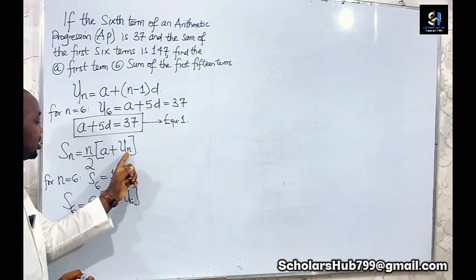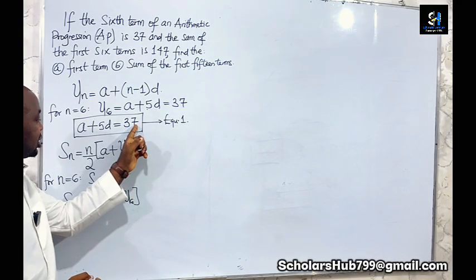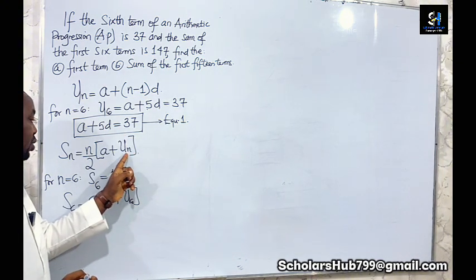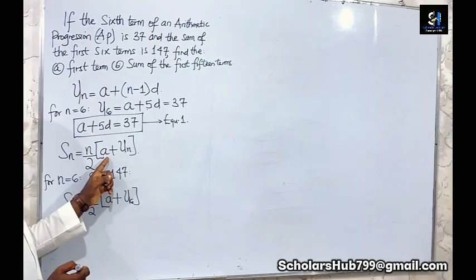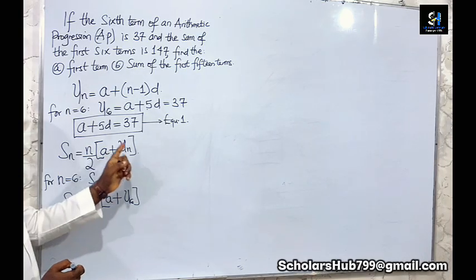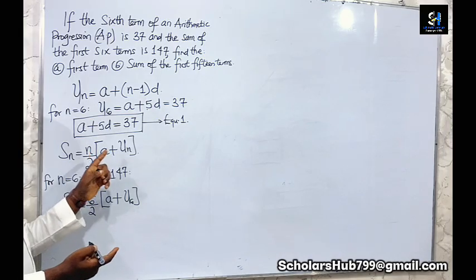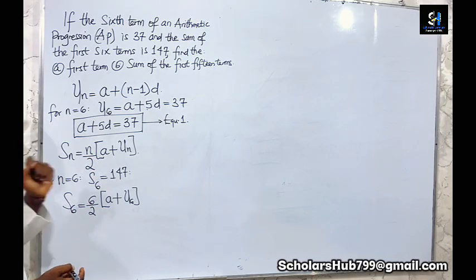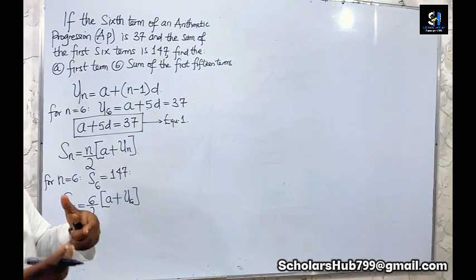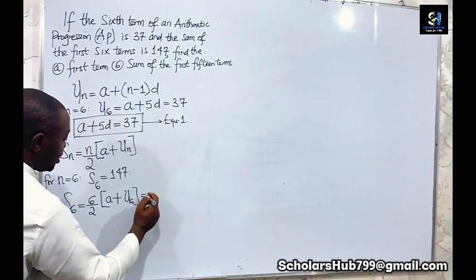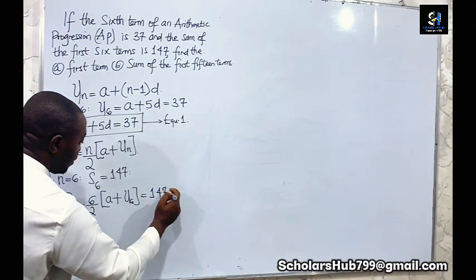So the sixth term, which is 37, is added to the first term, then multiplied by the number of terms, that's 6, then all over 2, and that equals the sum of the first six terms. So this will be equal to 147.